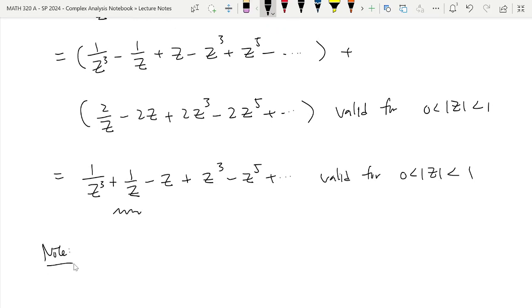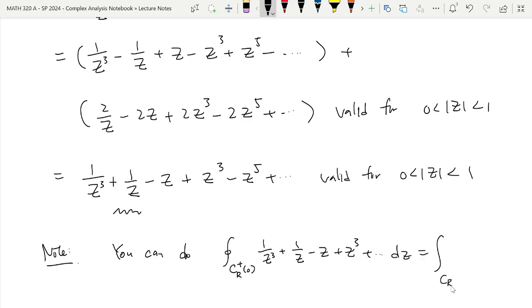once you check the validity, you can do a contour integration, C of R plus 0, of this whole thing, which was 1 plus 2z squared over z cubed plus z power 5.